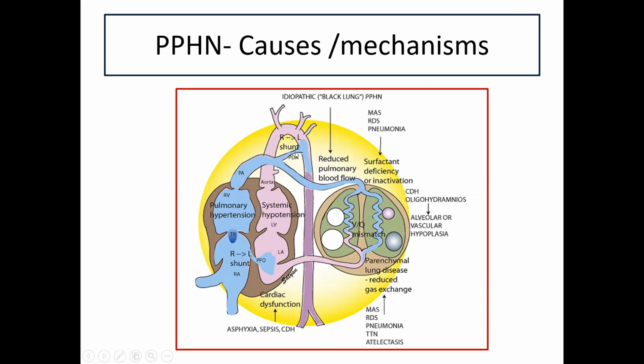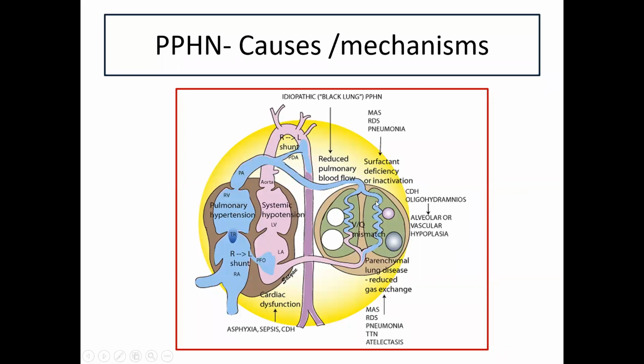Of course, when the PDA is no longer patent, the shunting predominantly happens at the level of the PFO, and you may see that the saturations may be uniformly low in all the four limbs. Within the lung, the pulmonary vascular resistance is significantly elevated, which is leading to a compromise in the pulmonary blood flow.